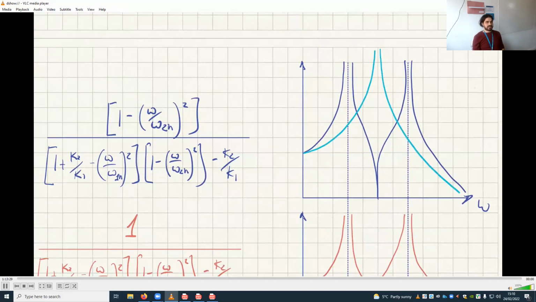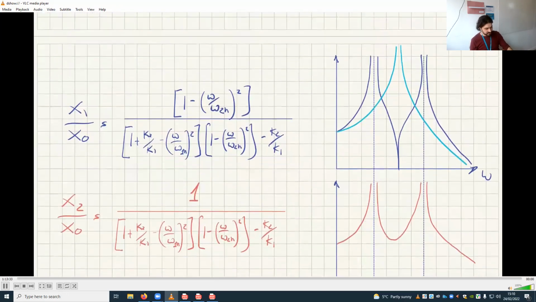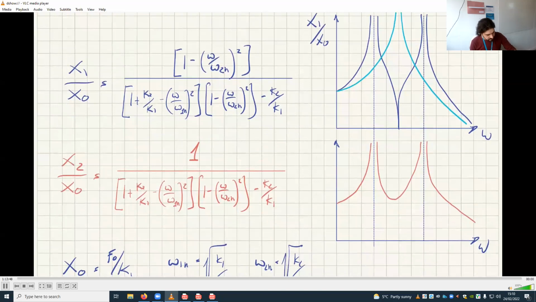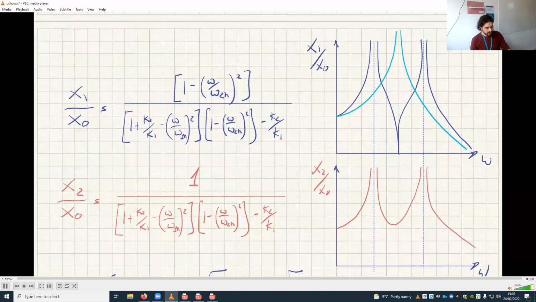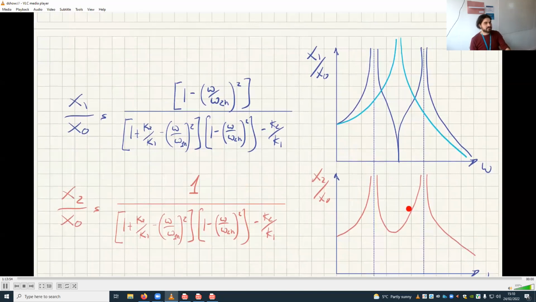But as you can see, we can reduce this amplitude, all the way down to here. So by a lot, because remember, this is a logarithmic plot, a log scale plot, by just adding another mass.